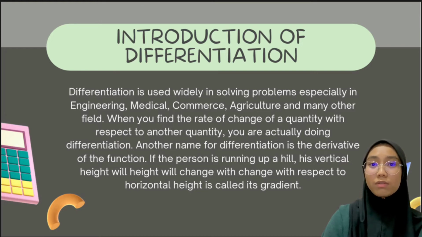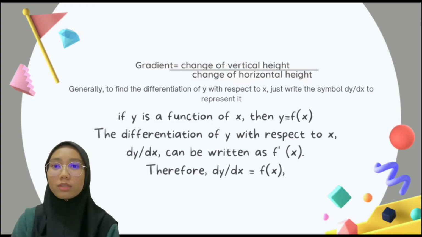Another name for differentiation is the derivative of the function. If a person is running up a hill, his vertical height will change with respect to horizontal height. Its slope is the gradient. Gradient equals change of vertical height over change of horizontal height.